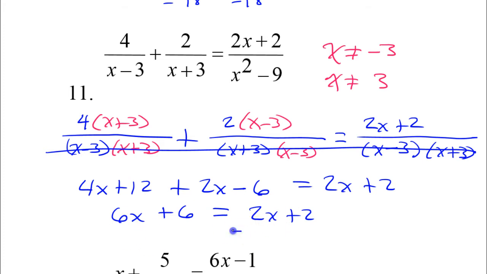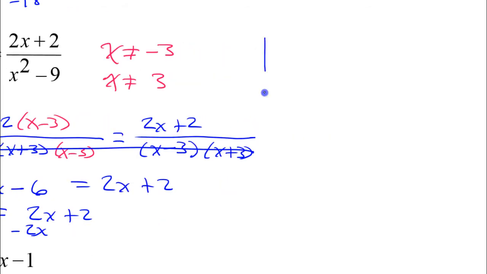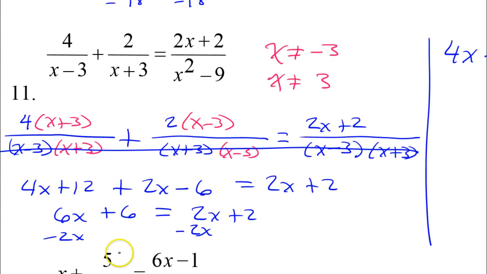Bringing these like terms together, so I'm going to subtract 2x from both sides. Alright, so this is going to give me 4x plus 6. I need more room. So I've got 4x plus 6 equals 2 so far.